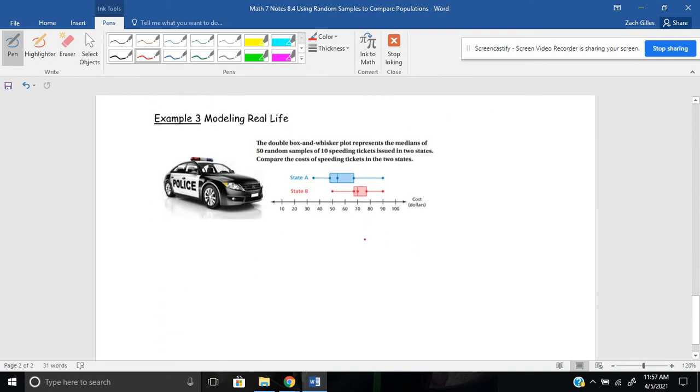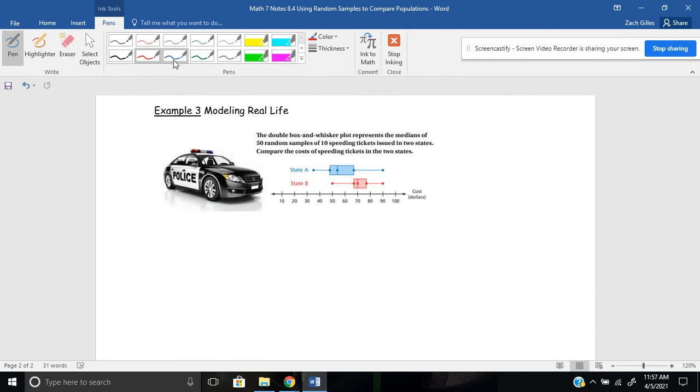All right, last one here, and then we'll be finished. It says the double box and whisker plot represents the medians of 50 random samples of 10 speeding tickets issued in 2 states. Okay. So we have 50 random samples here. Compare the cost of speeding tickets in the 2 states.